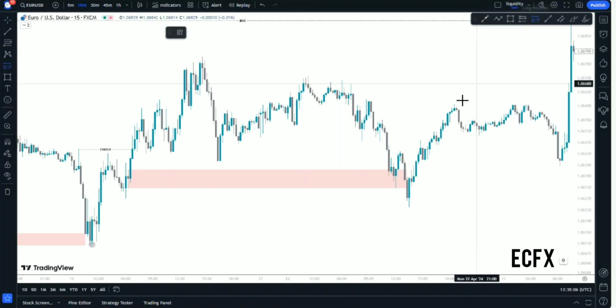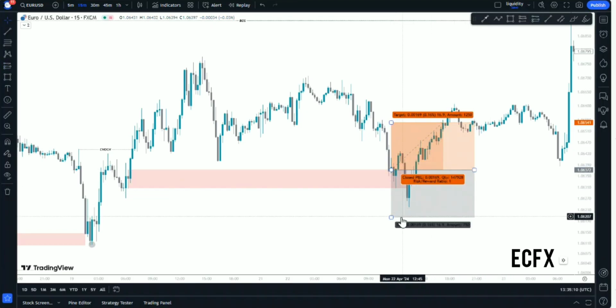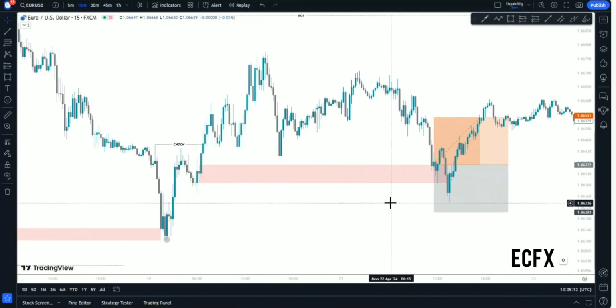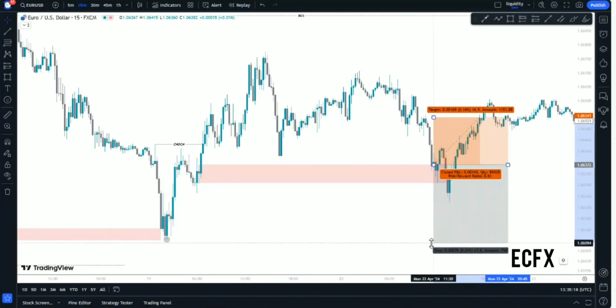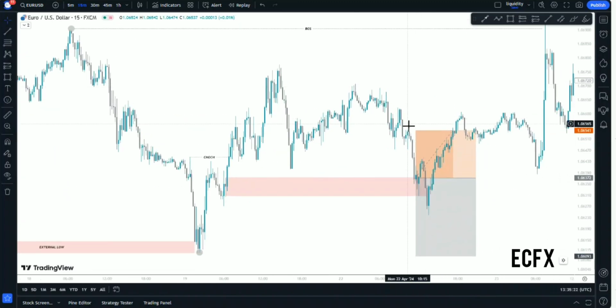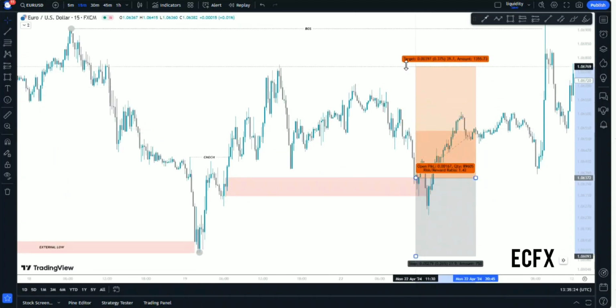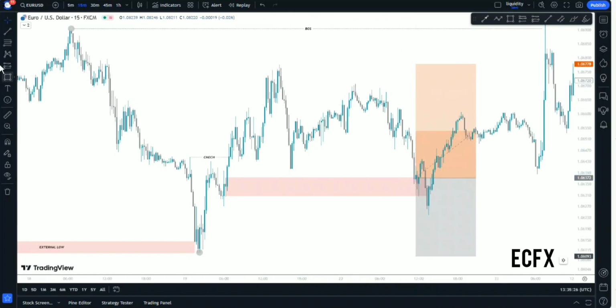So from here, we are going to target the internal, right? So once again, stop loss is always just put below the lows, either below this low, and we are going to target our internal highs for take profit 1.